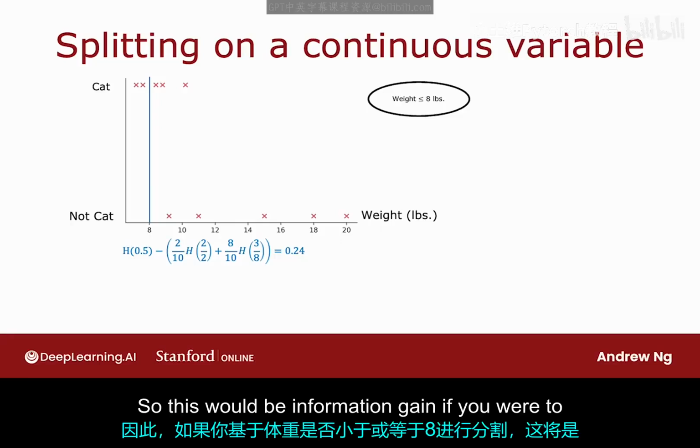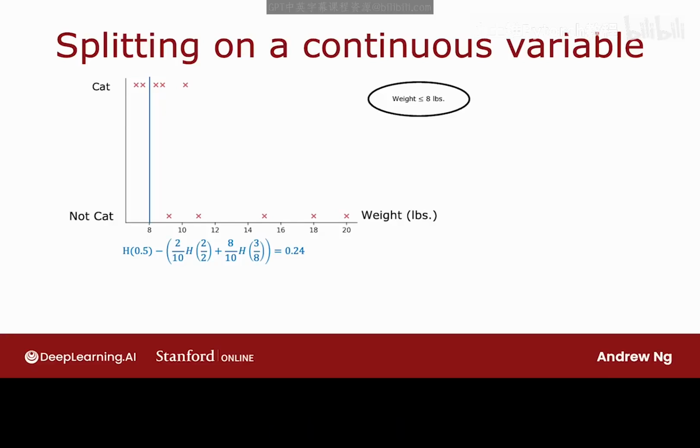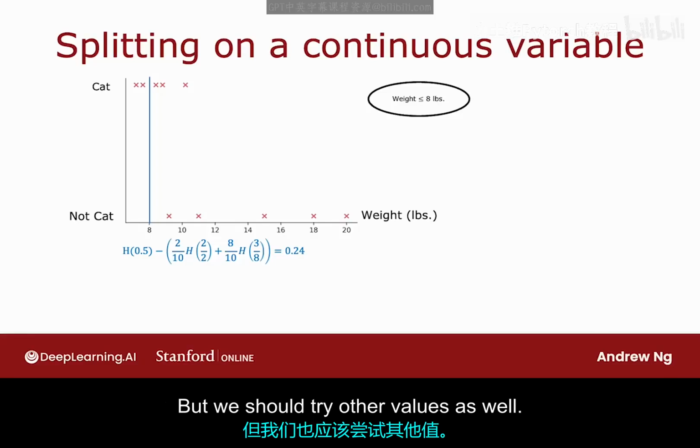So this would be information gain if you were to split on whether the weight is less than or equal to 8. But we should try other values as well.